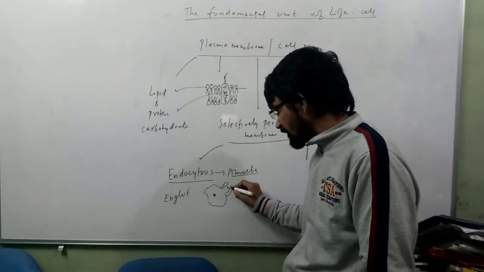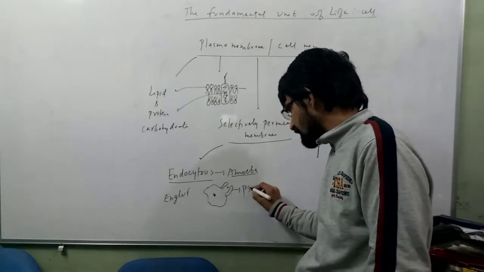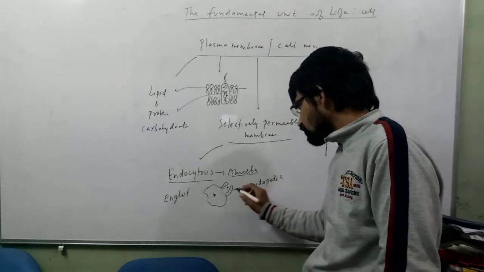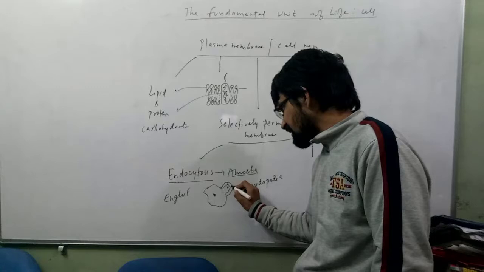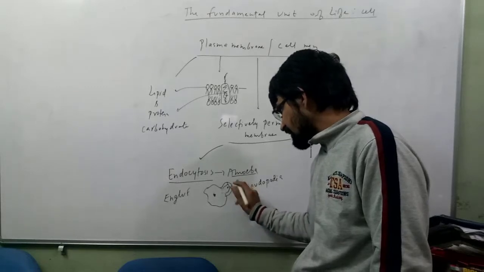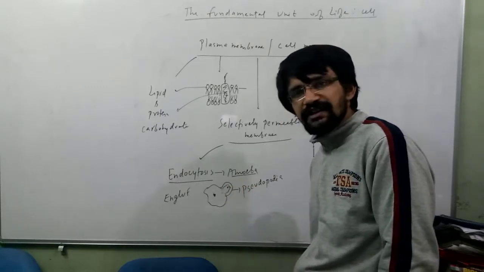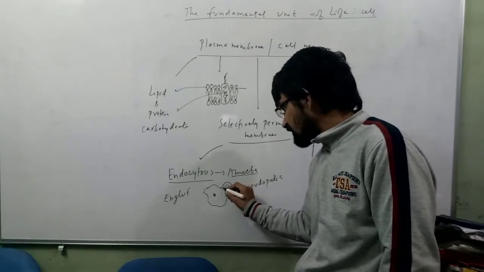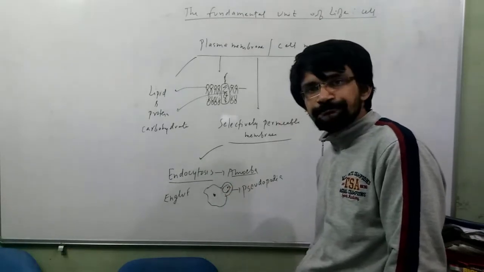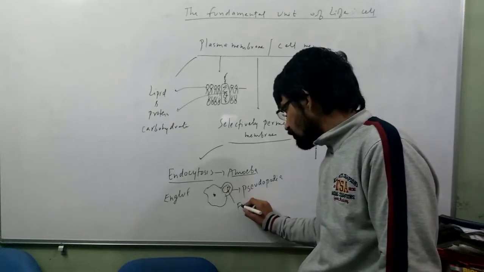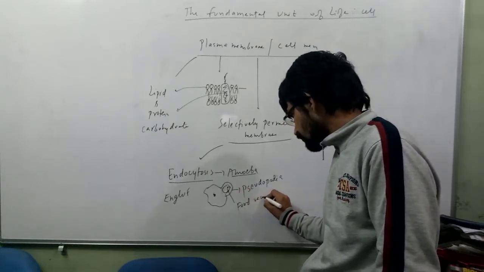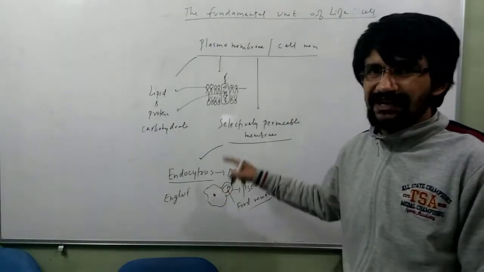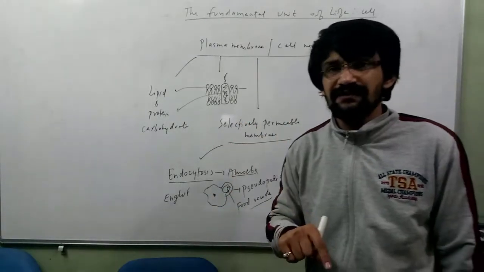Let me write the spelling of it, pseudopodia. This pseudopodia will be extending further like this. So this kind of structure will be seen in your observations, and the thing which will be formed over here will be your food vacuole. This particular process is called endocytosis, and your cell membrane is helping in the process of endocytosis.